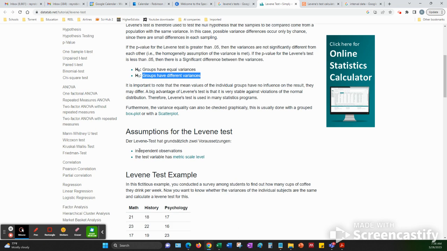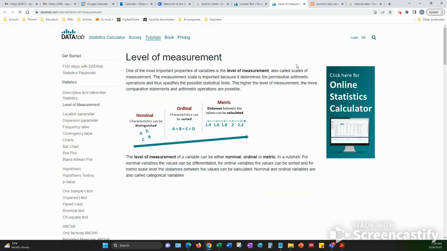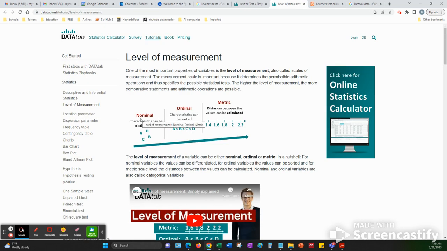Now, I want to talk about using this website. I think it's a great little website to do some things with, but they use different terminology. They use something they call the metric scale. So they use nominal, ordinal, and then metric.